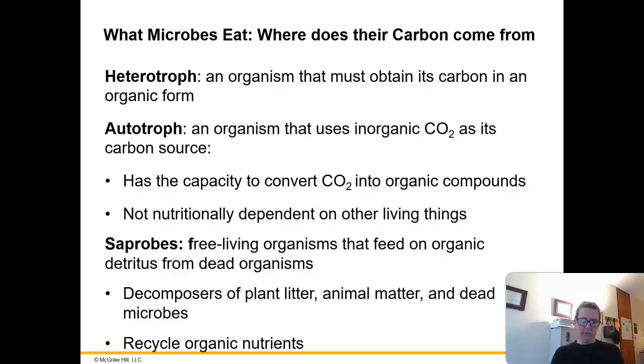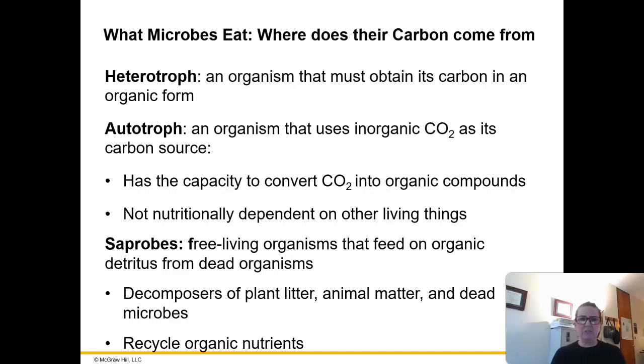Our last category here that we're going to talk about are the saprobes. So these are free living organisms that essentially are consuming dead organic matter in the form of what we call detritus. So if you go out into the woods, you get a really good idea of detritus.